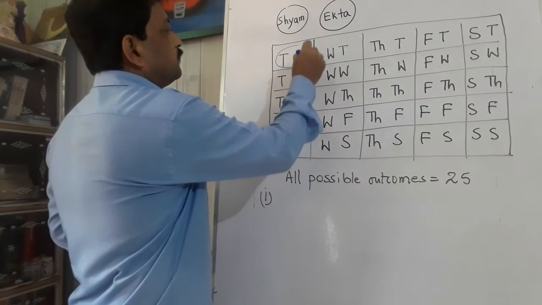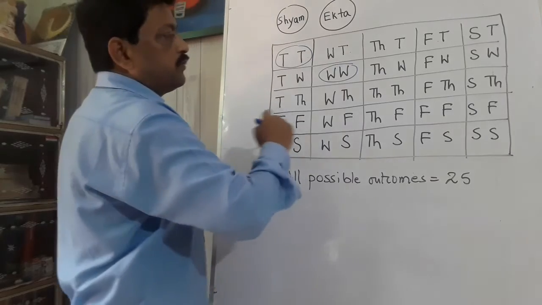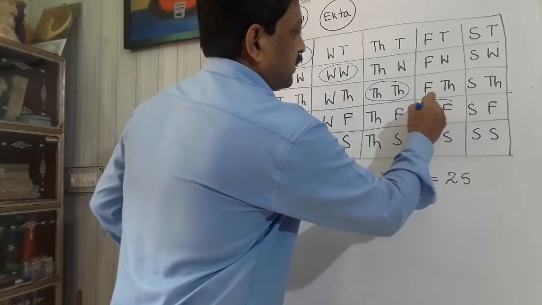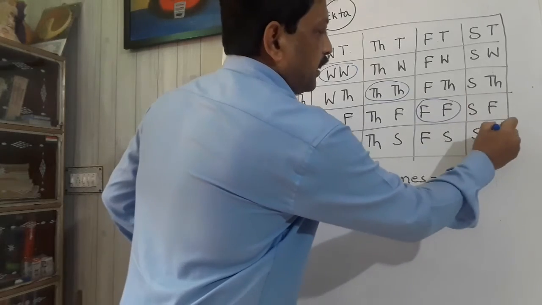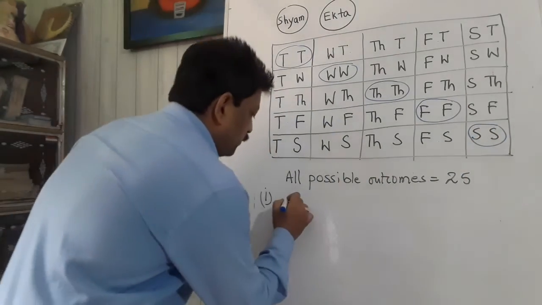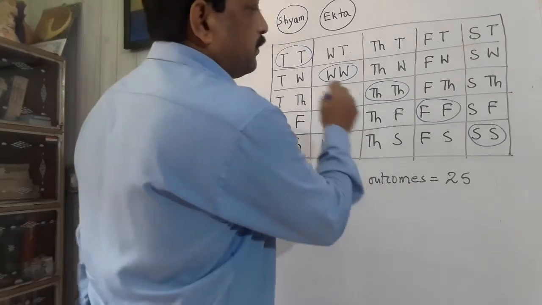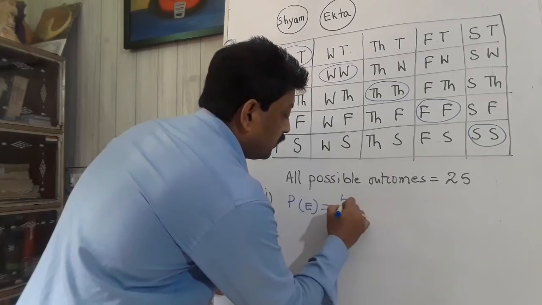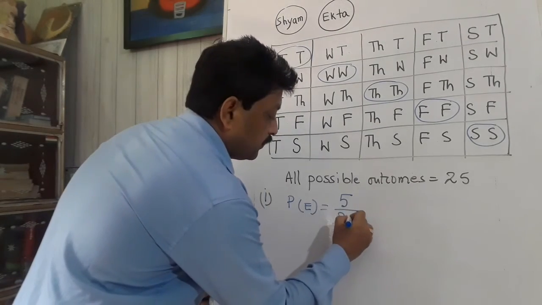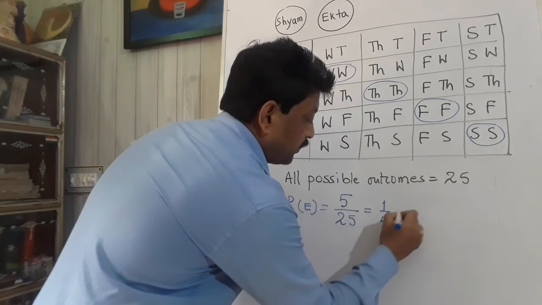This one, Tuesday, they can visit on Wednesday, they can visit on Thursday, they can visit on Friday, and they can visit on Saturday. Therefore, the favorable outcome is 5. And the total outcome is 25. So the answer is 1/5, the first one.